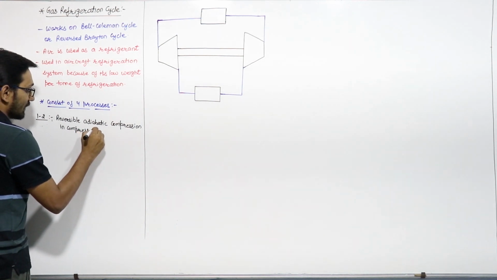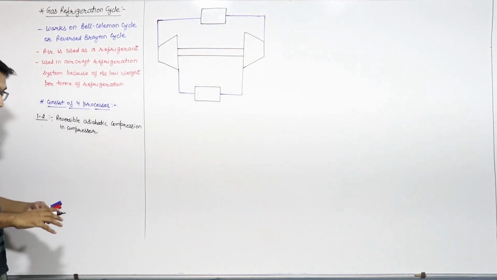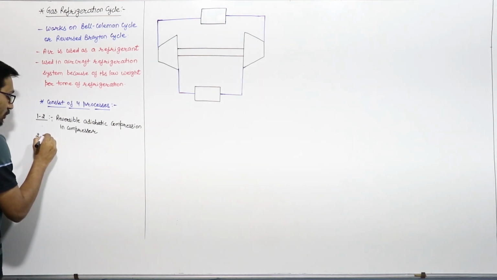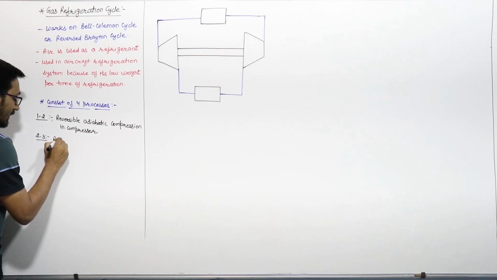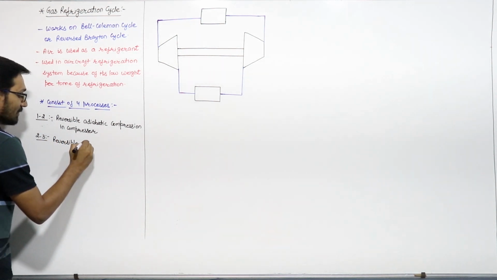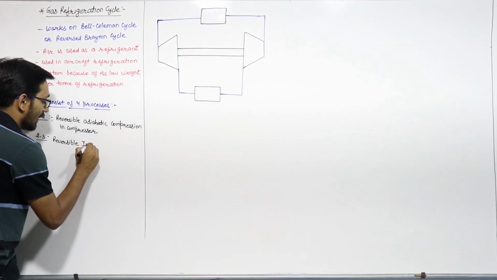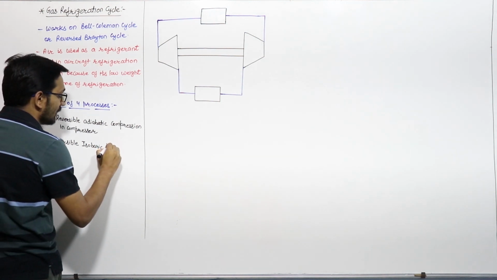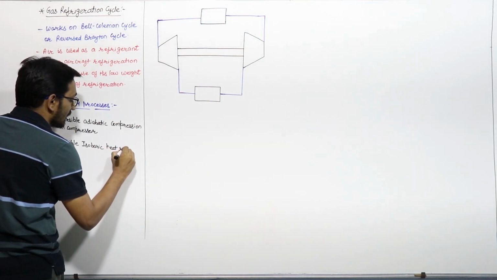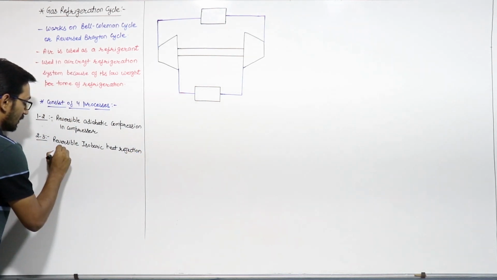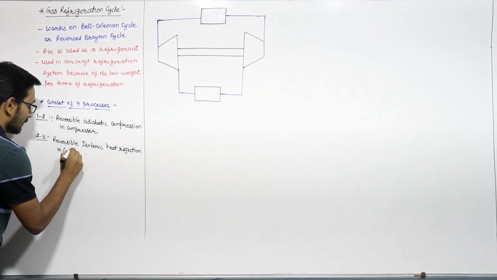This is the first process. Next, process 2 to 3, all the four processes are reversible, is isobaric, at constant pressure, isobaric heat rejection in the condenser.